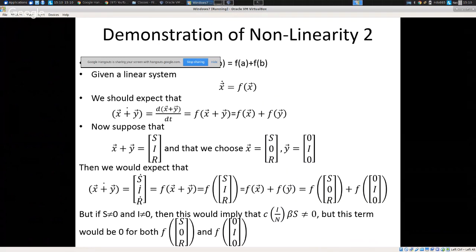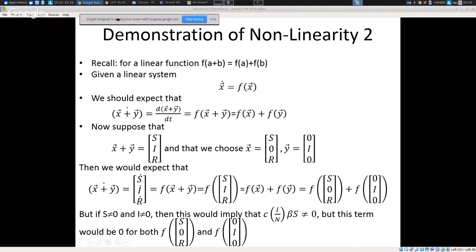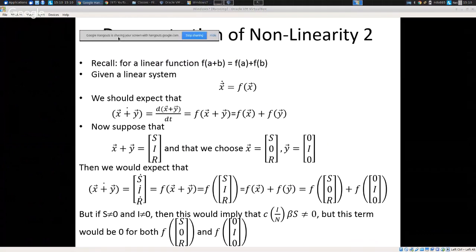A second way to demonstrate this is, look, with a linear system, f of a plus b is equal to f of a plus f of b. This is the most delightful thing about linearity. If we're dealing with a linear system and we're dealing with some complex god-awful input, we can take it apart into its constituent pieces and reason about the behavior of the system with respect to each piece, and then just sum that up to get the response of the system to the complex, messy, god-awful input.